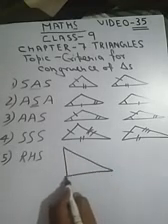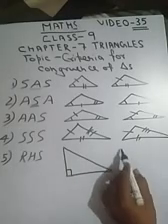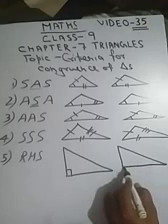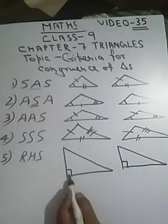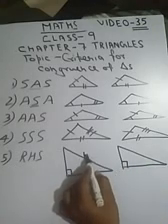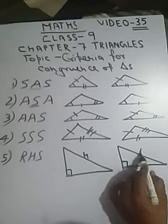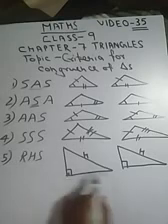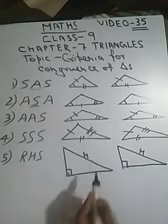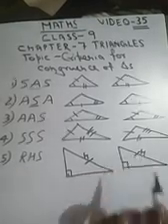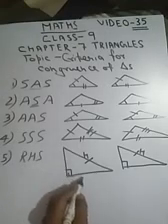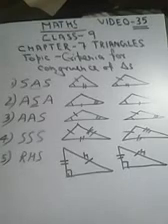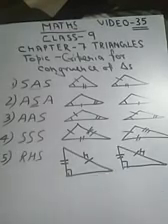The moment you get a right angle, you get a side just opposite to it, which is known as the hypotenuse. This is a right angle, so just opposite this is the hypotenuse. R stands for right angle, which is given here. H stands for hypotenuse. If this is equal to this, and any one side, either this or this, let's take this, then this is congruent.